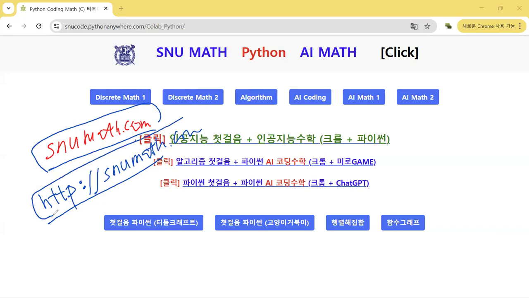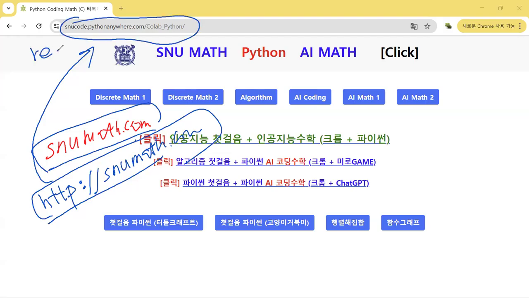Then this address will be replaced by the real address. This is the real one, and this is a user-friendly shortened address. The real address is HTTPS, where the S means secure, okay?